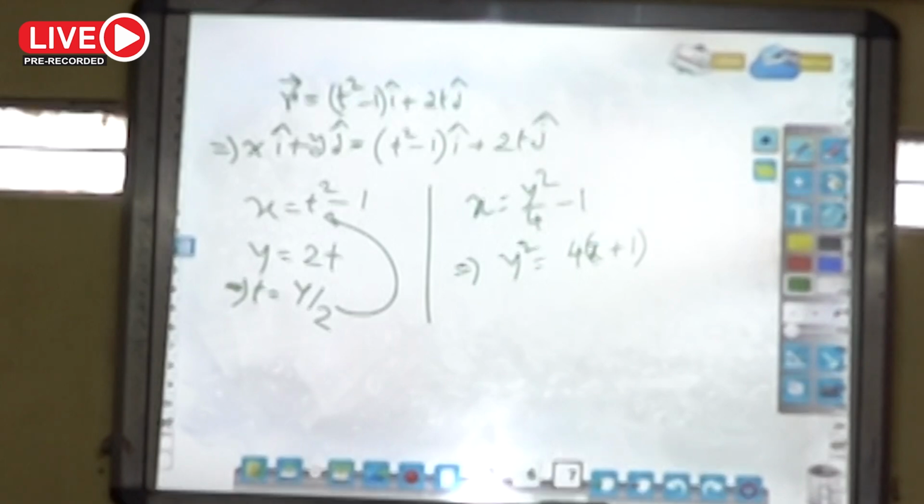Then at that point velocity is u cos theta. So this is V, and you can consider here acceleration is G, so G should provide centripetal acceleration. So R equal to V square by G, that is u square cos square theta by G, that is the radius of curvature.